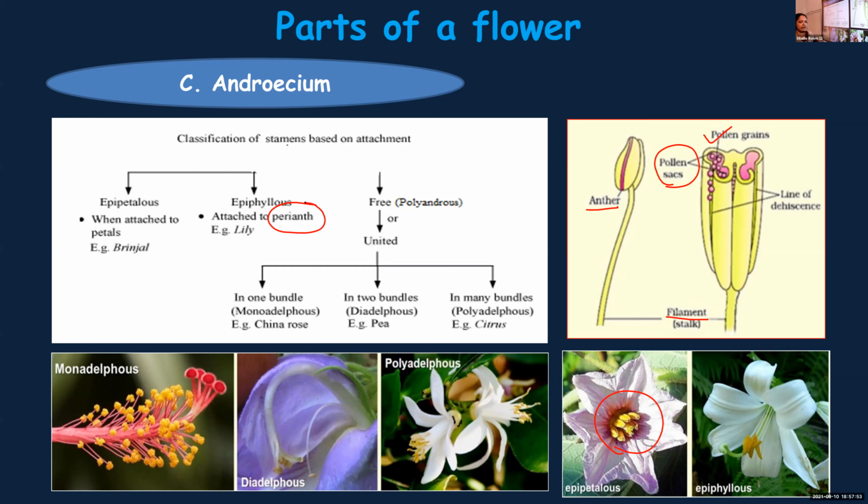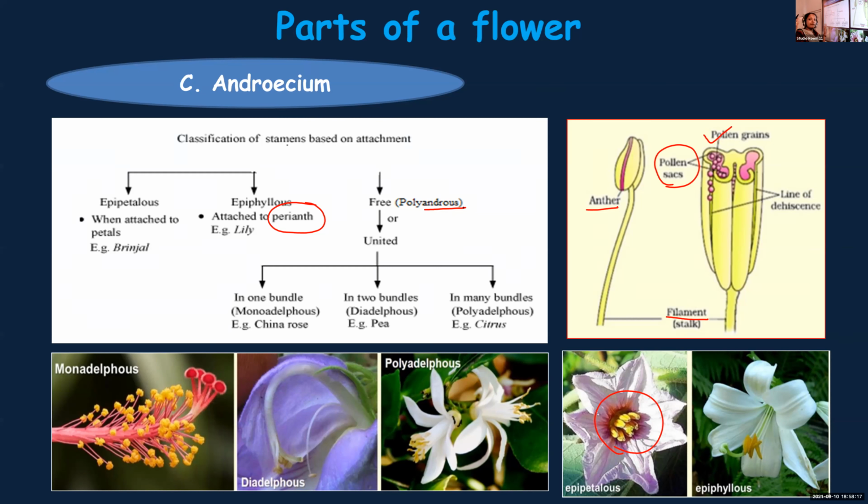Epipetalous, epiphyllous stamens. Now, these stamens can be free, not united, not joined together. Then you call it as polyandrous. So remember the term androus, androecium, stamens. When petals are free, you call it as polypetalous.